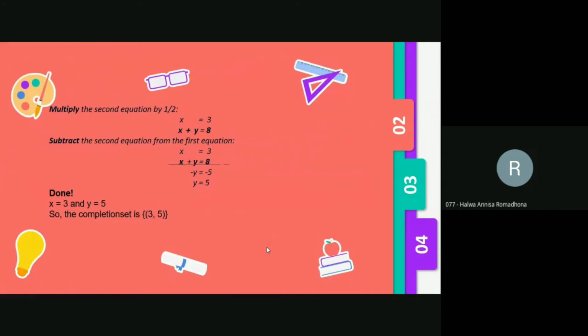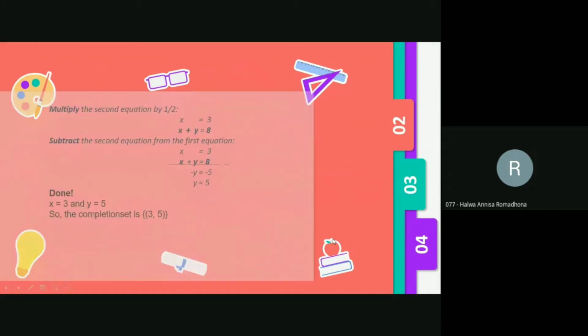Next, we see the second equation has 2x, so let's halve it. Multiply the second equation by a half, so it becomes x plus y equals 8.